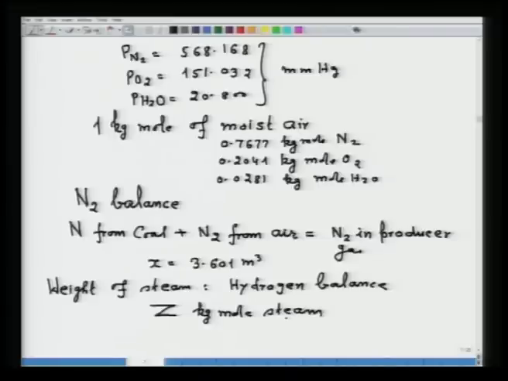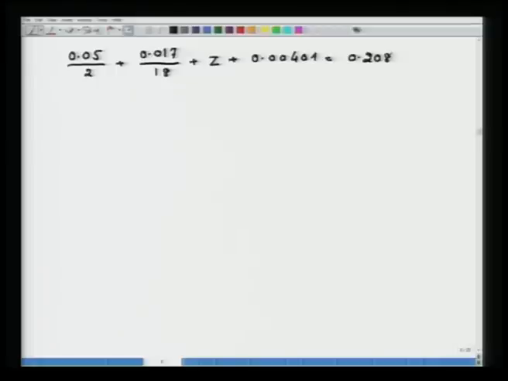If I do that hydrogen balance, it is 0.05 upon 2 plus 0.017 upon 18 plus Z plus 0.00401, that is equal to 0.208 into 0.025 into 2 plus 0.14 plus 0.025.